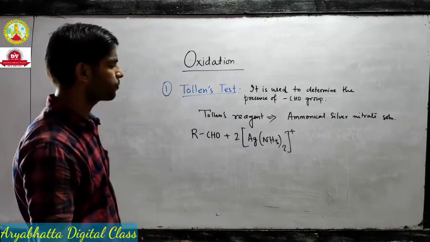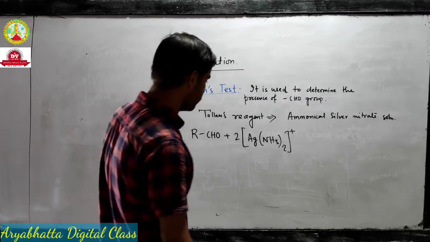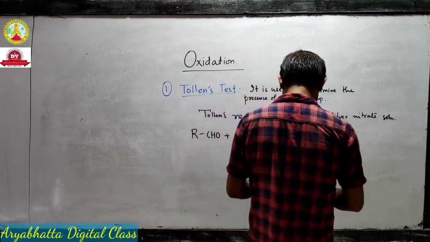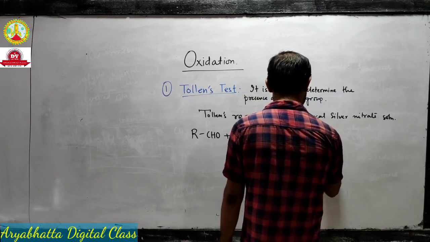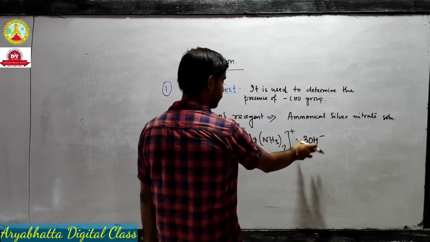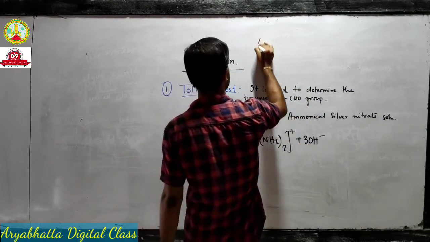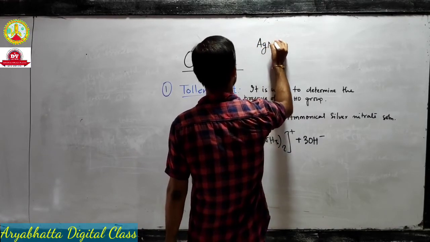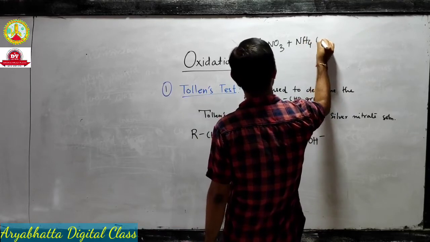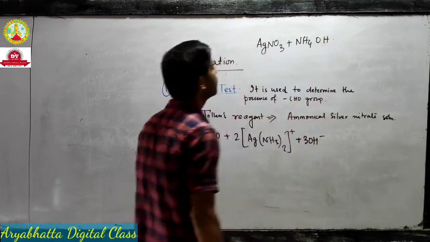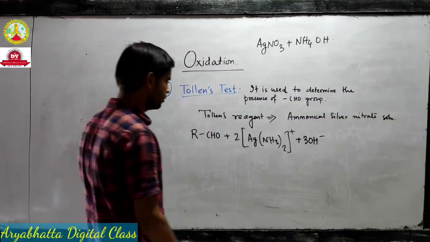It is the diammine silver ion that we get, and this OH negative is from ammonium hydroxide. This combination is our Tollens reagent.